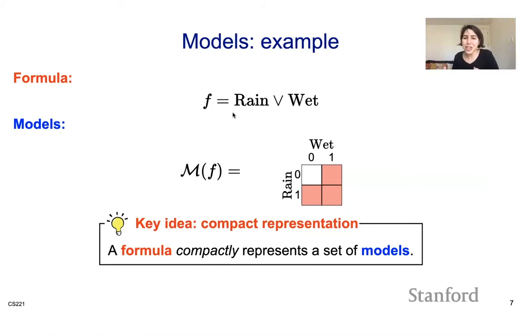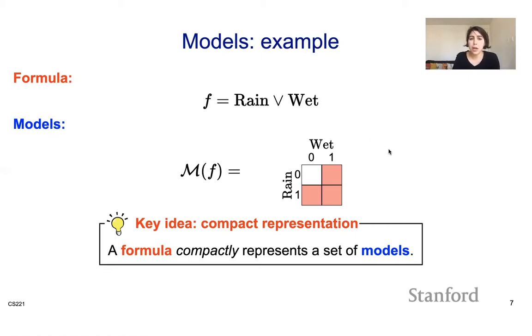The nice thing about logic is we can use formulas to compactly represent very large meanings. A lot of times exponential meanings can be represented by formulas that are pretty compact. That is the power of logic. You can write this compactly, you can do operations on it, you can do inference on it, and so on. And that is really nice.